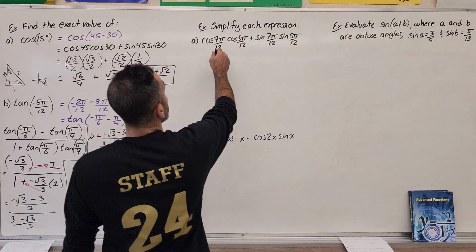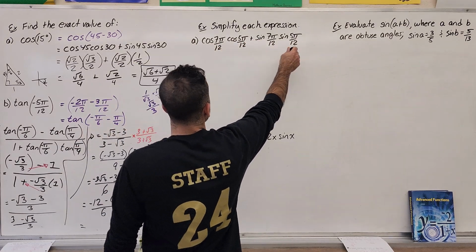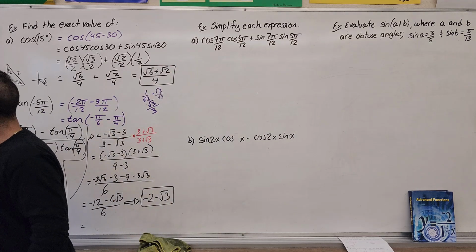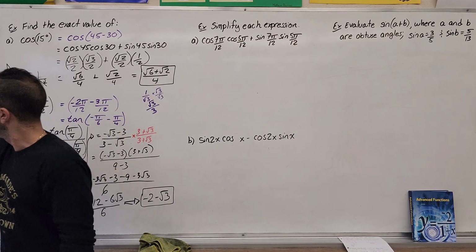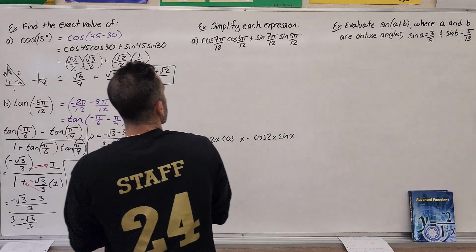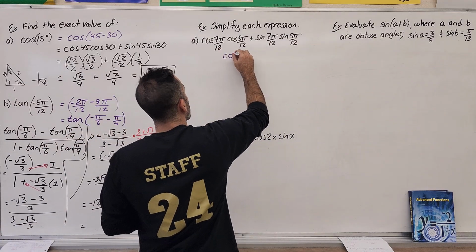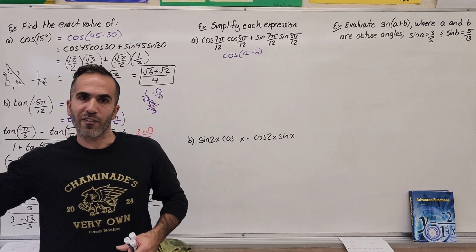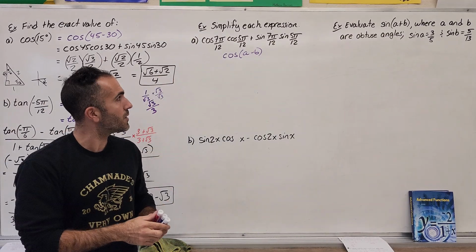So I'm looking here. It's a cos with a sine with a plus sign. Cos, sine with a plus sign. This is cos of A minus B. So I'm just going to go here, and I'm going to write cos of A minus B, just to summarize my findings onto my question sheet.